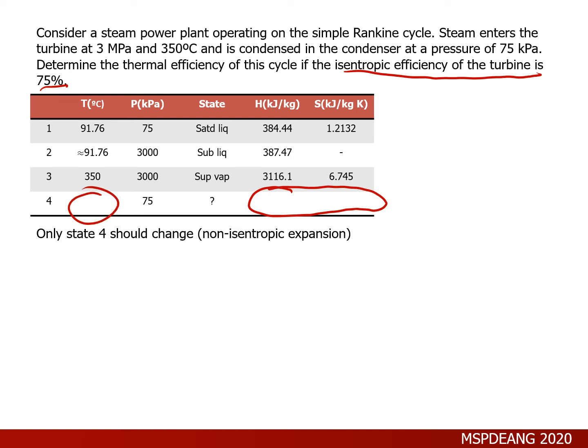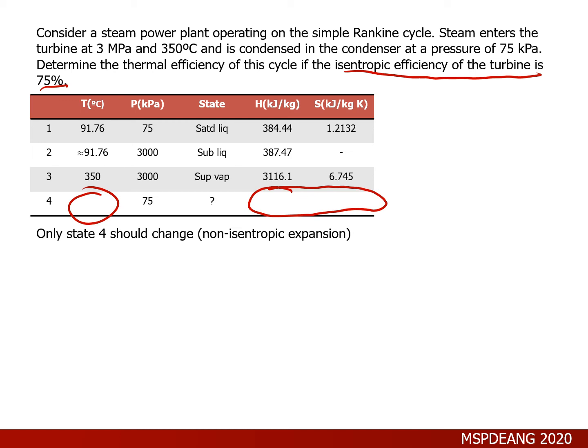With this, only state 4 should change, since only process 3 to 4 is different. So the outlet of the turbine will change, and the rest should still remain the same. Our previous calculations for state 1 should still hold true, and the same for state 2 and state 3. Only state 4 should change since our process is now non-isentropic.